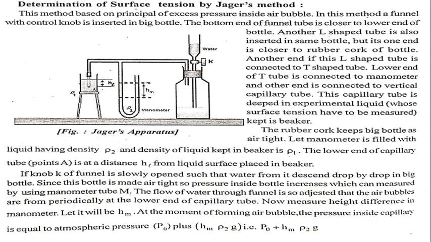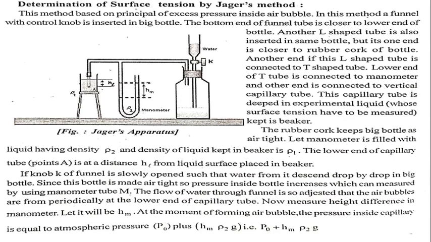Now, end of this tube, it consists of fine capillary. See here, at the end of this tube there is a fine capillary tube, narrow tube, which is dipped in liquid.